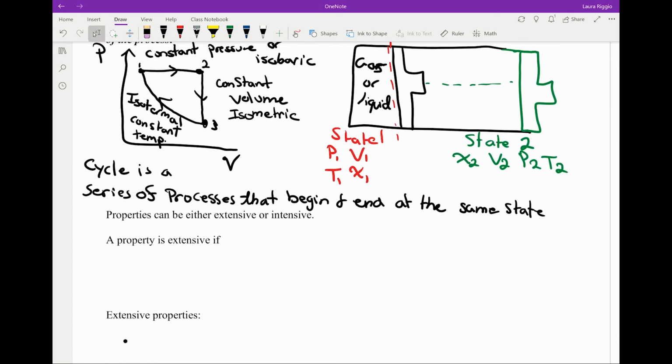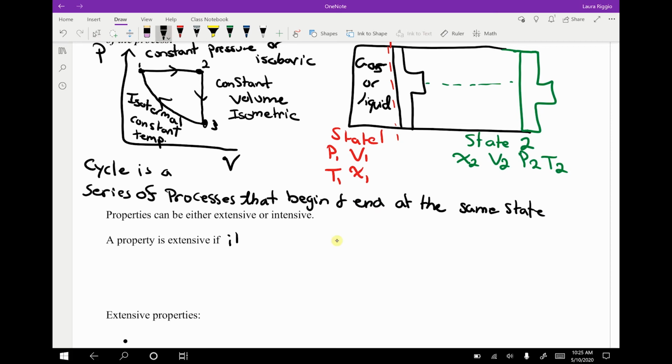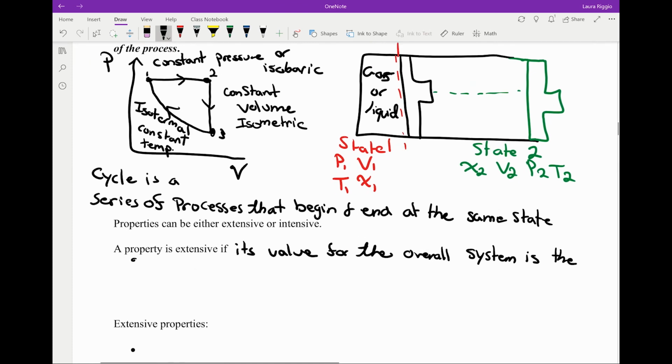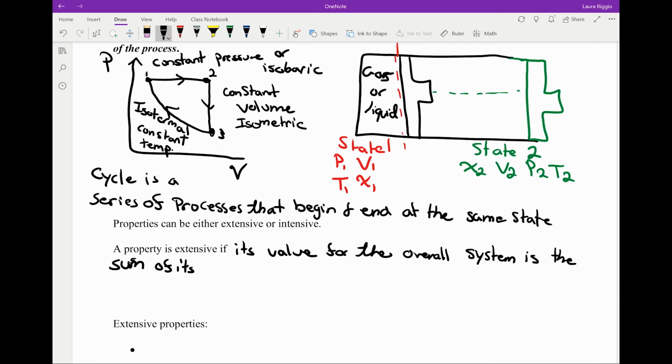So properties can either be extensive or intensive, and a property is extensive if its value for the overall system is the sum of its values for the parts into which we can divide the system.